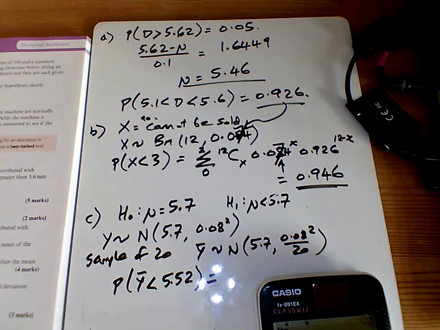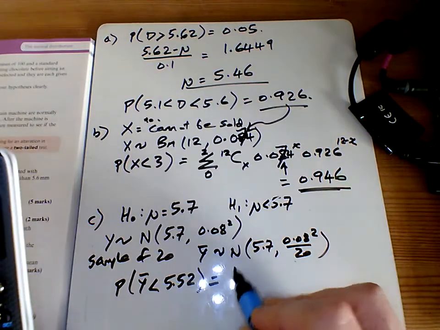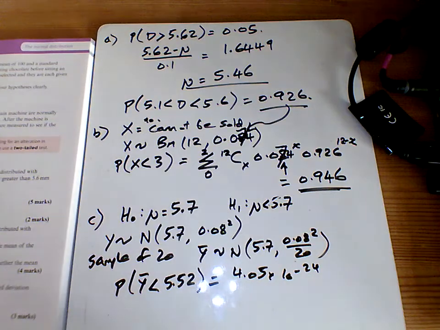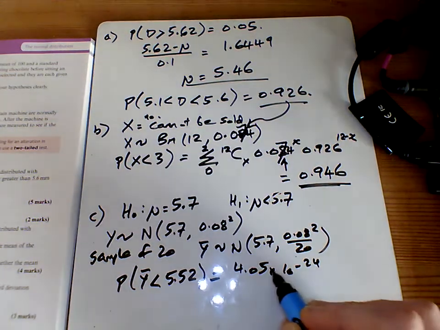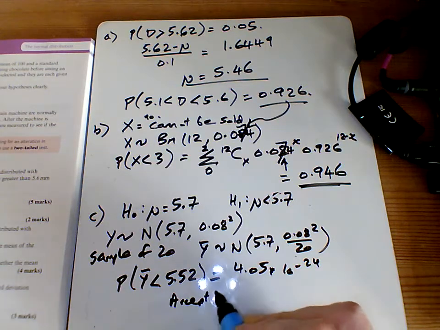that's given me an absolutely tiny probability. I mean, an absolutely ridiculously low probability. I've got 4.05 times 10 to the minus 24. That is so tiny. So we are not going to accept H0, we're going to accept H1 here.